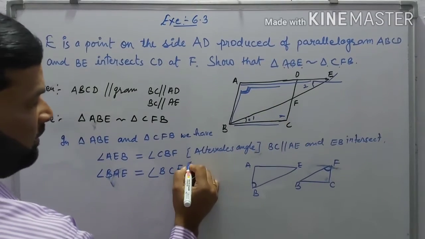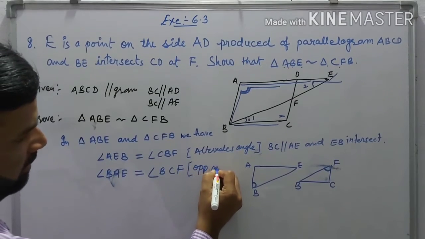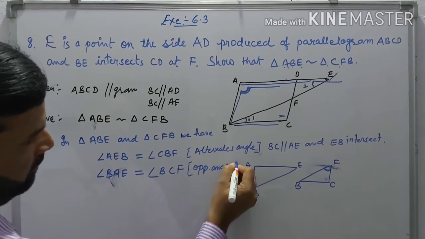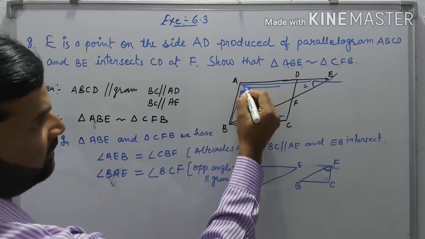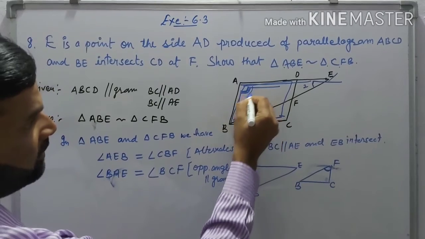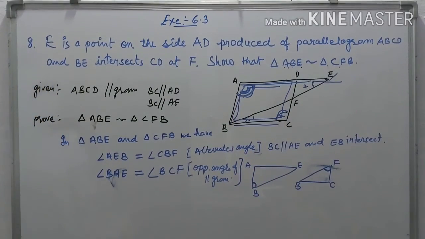Why? It is the opposite angle of the parallelogram, because this is a parallelogram. This angle is equal to this angle. So you write directly, triangle ABE is similar to triangle CFB by angle-angle similarity.